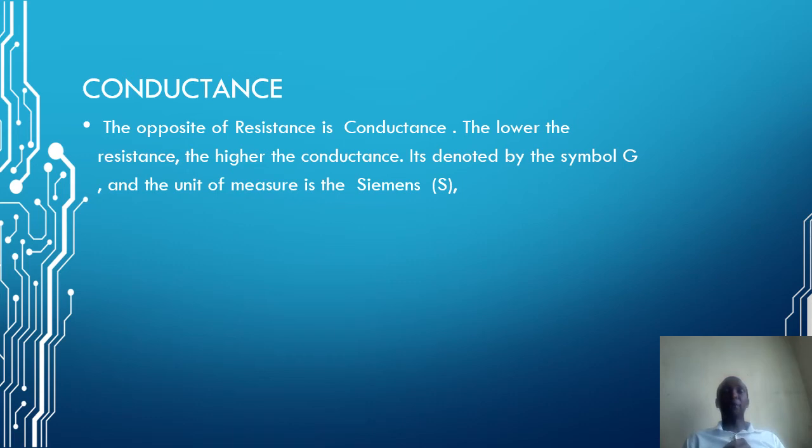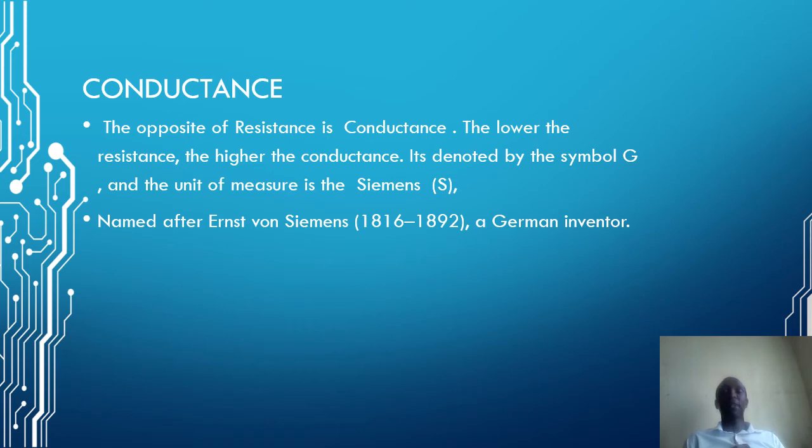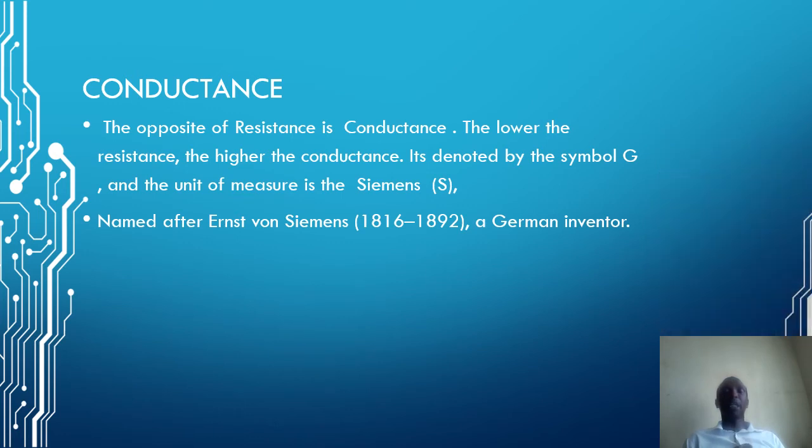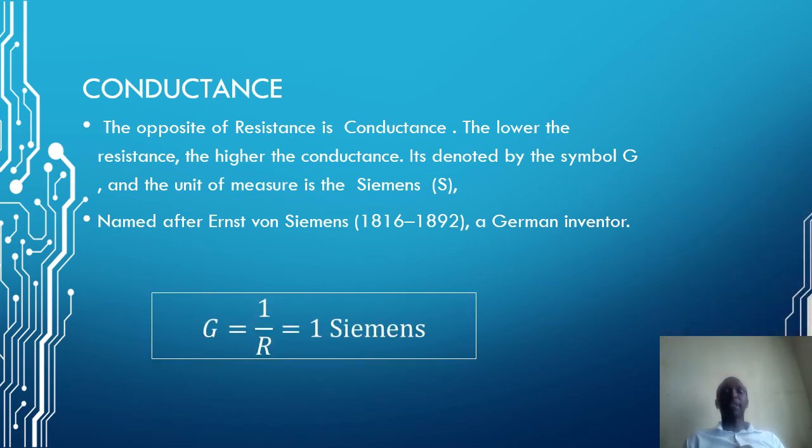Conductance is measured in Siemens, named after Ernst von Siemens, a German inventor who's shown. Conductance is represented by the letter G, and conductance is equivalent to 1 over resistance. So 1 over R is equivalent to 1 Siemens, assuming that the resistance is 1 ohm.